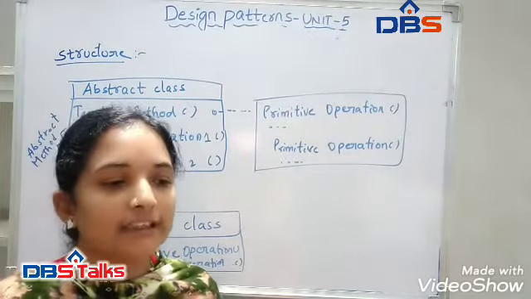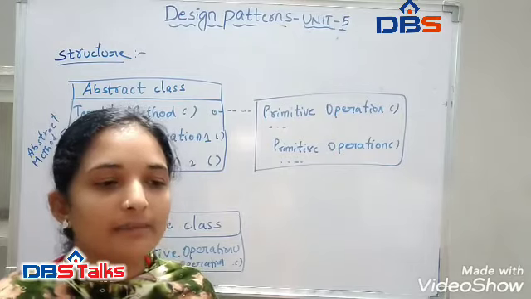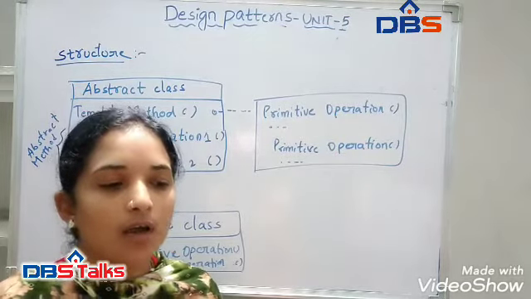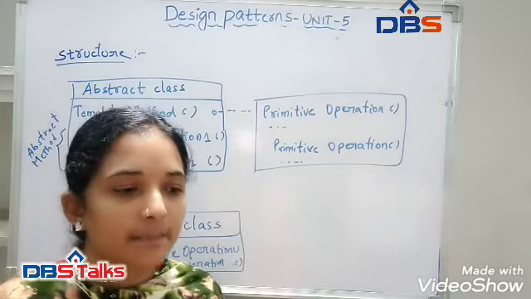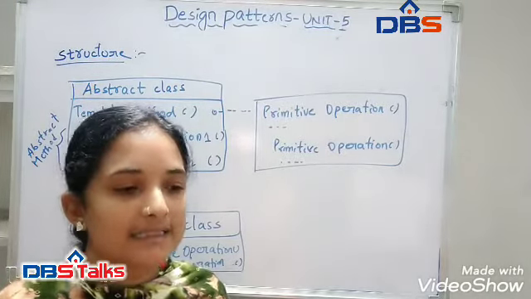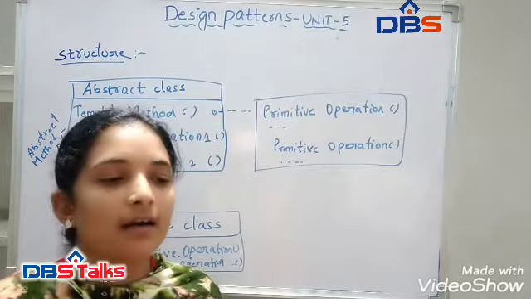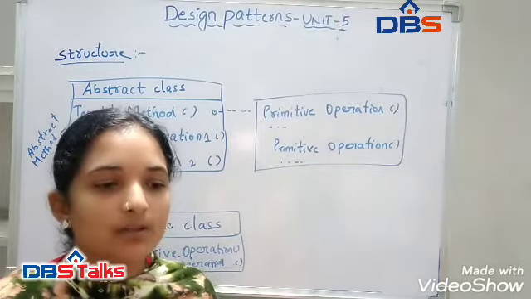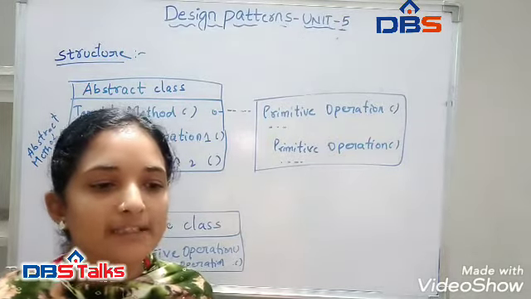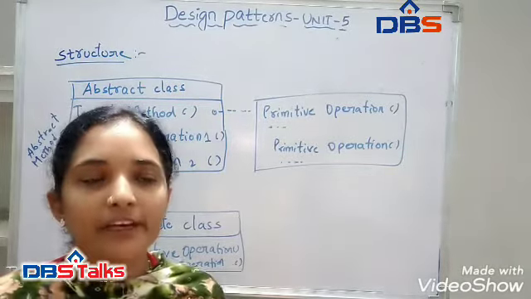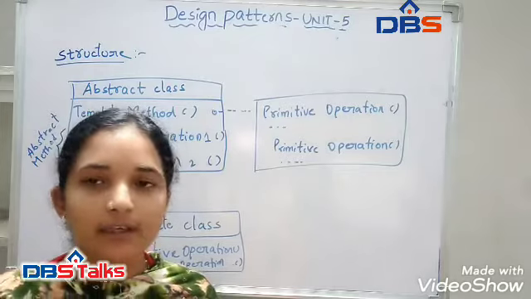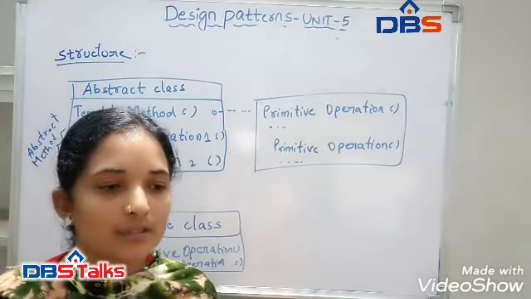Template methods are fundamental techniques for code reuse. They are particularly important in class libraries because they are the means for factoring out common behavior in the library classes. So that is the consequences.